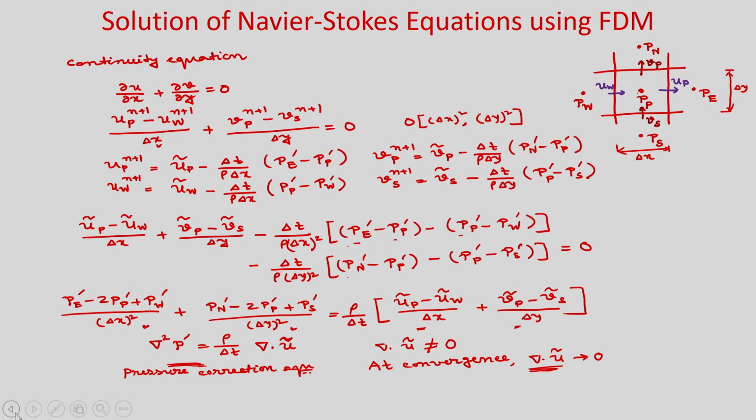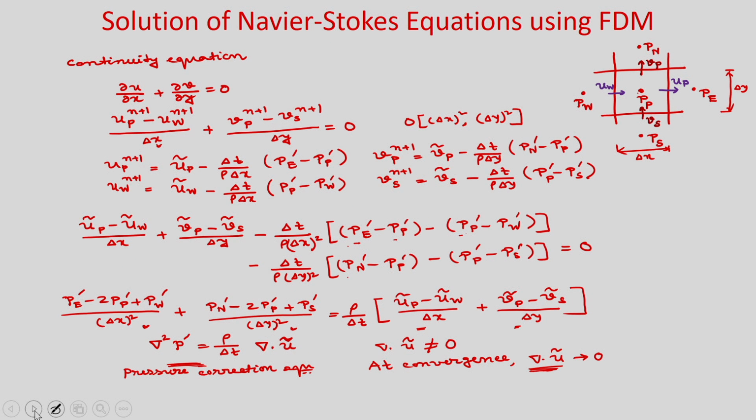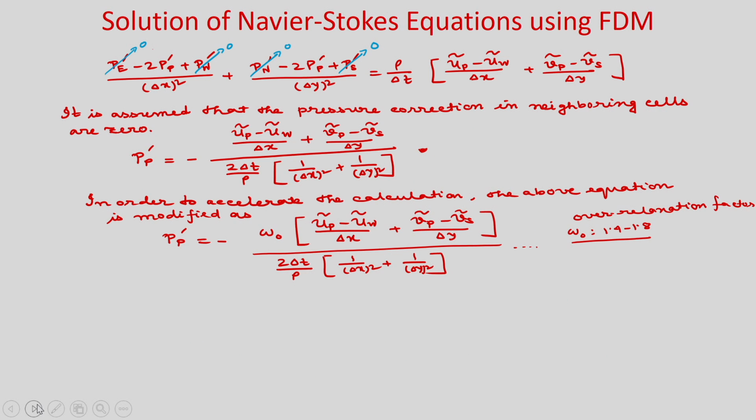Earlier we used 1, 2, 3, 4, 5, 6, so this you can write as 7. In this equation we are saying that if the divergence of u tilde tends to 0 at convergence, then this criterion you can use as the convergence criterion for the inner loop.